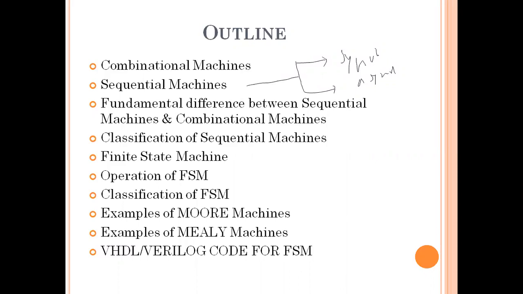Question is very simple. Okay, 4-bit binary counter is a finite state machine, and it requires 16 possible states, right? So it has finite states, so obviously it is a finite state machine.